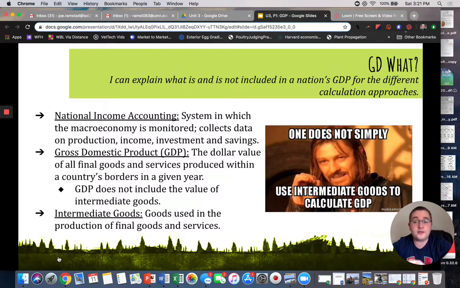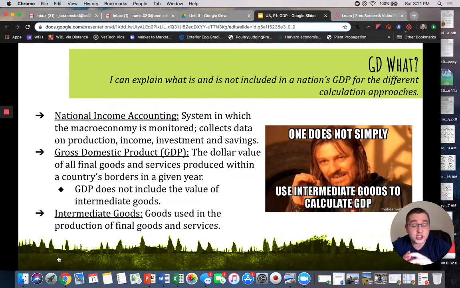GDP does not include the value of intermediate goods, and what we mean by this is, let's say that we have a bottle of ketchup. Okay, that bottle of ketchup is considered to be a final good. It's something that we get at our store shelves that we purchase. Now, to make that ketchup, we obviously need a lot of different inputs, whether that be tomatoes or sugar or even water or pastes.